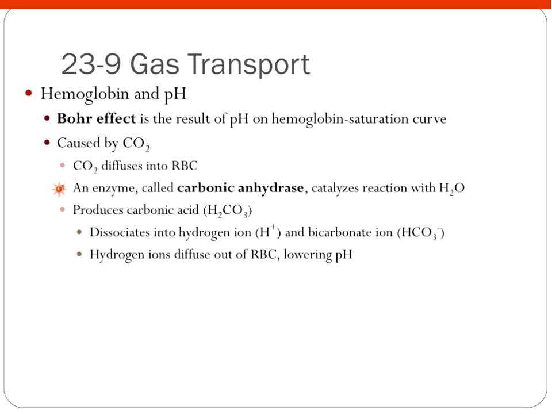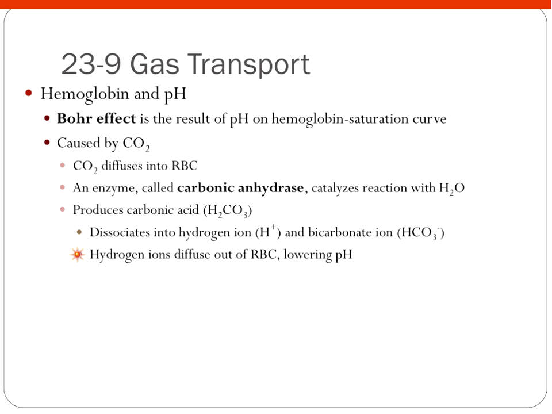When carbonic anhydrase reacts with water, it produces a molecule called carbonic acid. Carbonic acid can then break down into hydrogen ions and a bicarbonate ion. So basically we have an acid and we have a base.